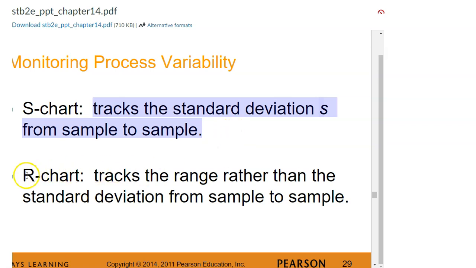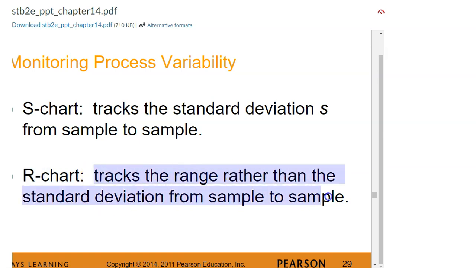What is the R chart? Another factor to recognize variation changes is range. Range tells you what the changes per day are. Is it too much change for that day or less change for that day? So it tracks the range rather than the standard deviation from sample to sample.